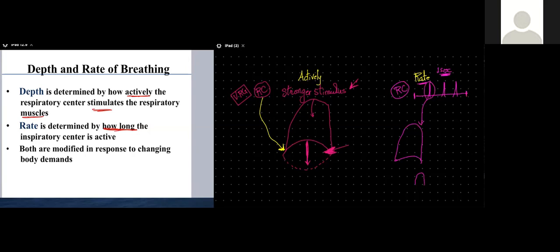So I've got one contraction in this second. What if I activated the respiratory centers not for 1 second, but for 2 seconds? Per each second, you create one stimulus. So now you've created 2 stimuli that will be followed by 2 respiratory muscle contractions. So now, rather than breathing in only once, I breathe in twice.